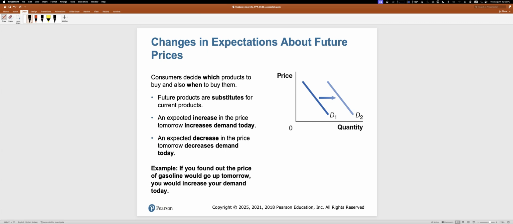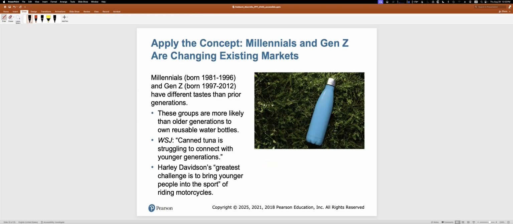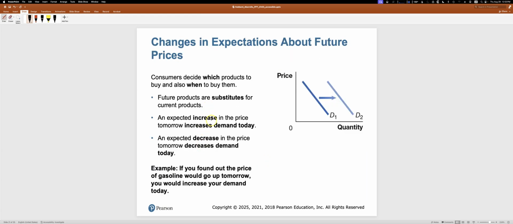Okay, let's look at variable number 5 here. So here we're talking about expectations about future prices. We're changing our demand based on what we're expecting the future price to be.